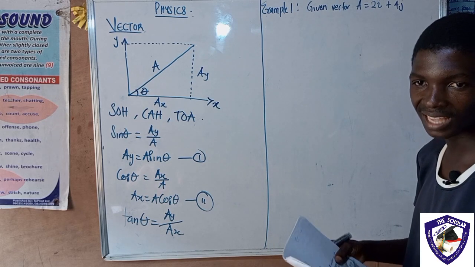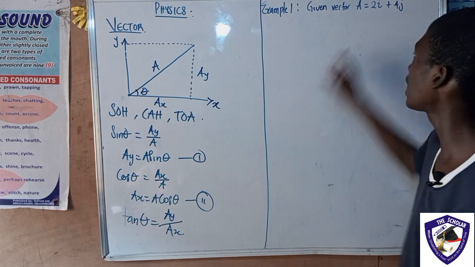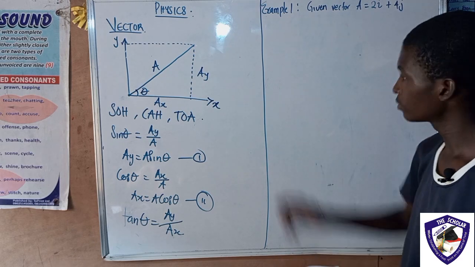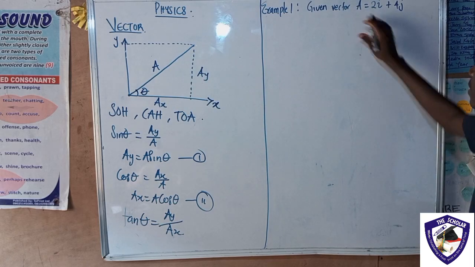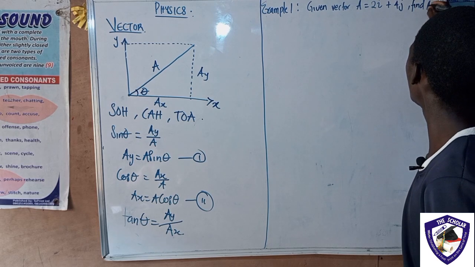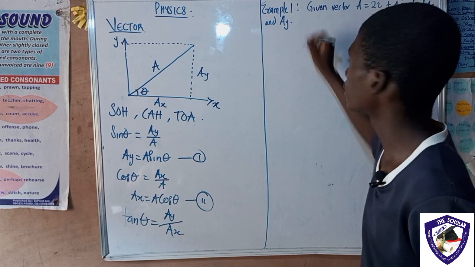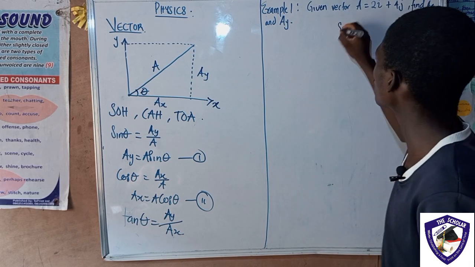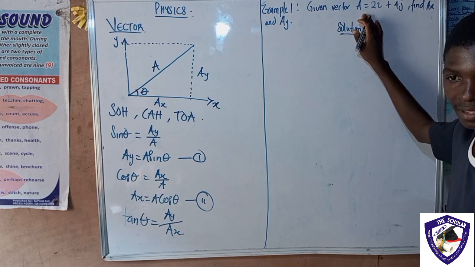Now if I want to find my AX and AY, it will just be as if I'm wasting my time, because I have it here in my question. They are telling us to find AX and AY. To solve this, I have my A here.